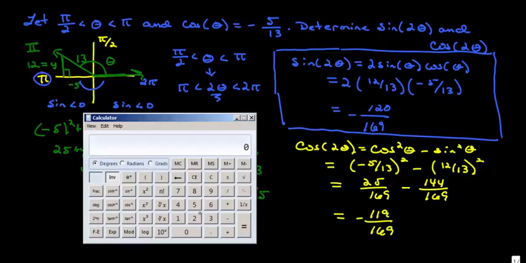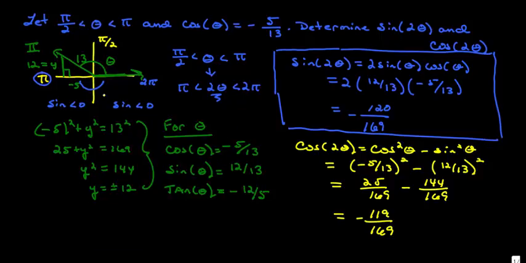So, we don't know what our angle is, but we do know if we take the arc cosine, I guess I'm going to have to plug it in first. Negative 5 over 12. Okay. So now I'm going to do the inverse cosine of that guy. And I'm going to get an angle of 114.6 degrees. So this is kind of a check that you can use.